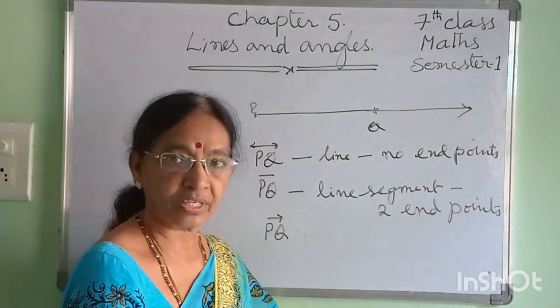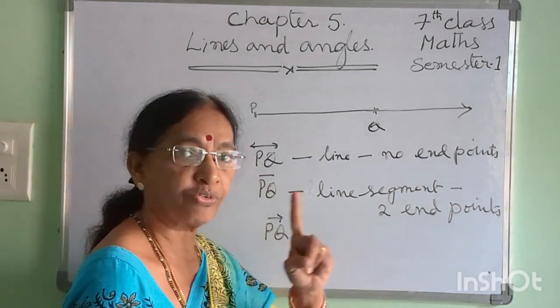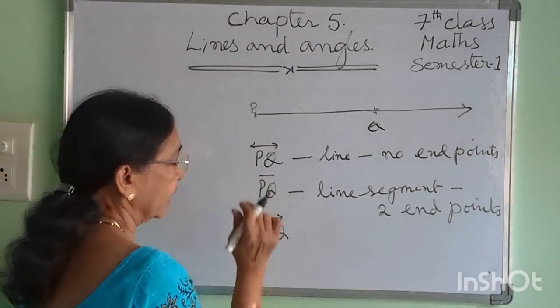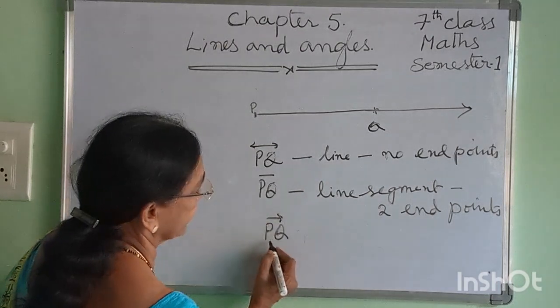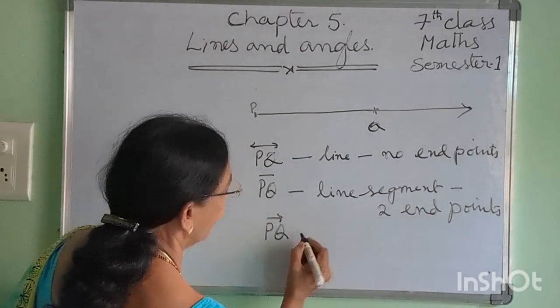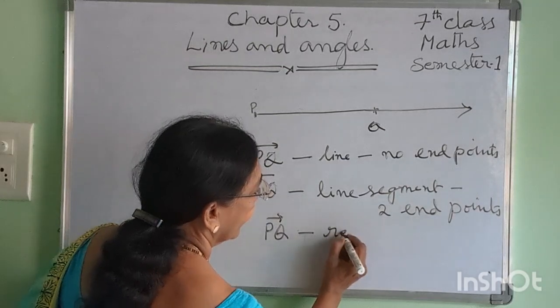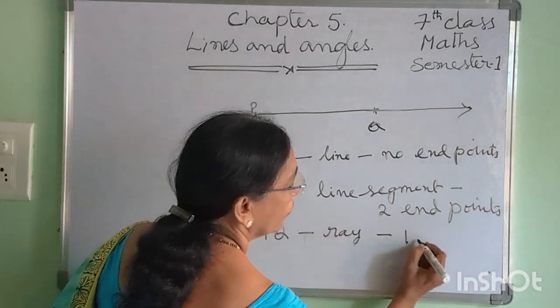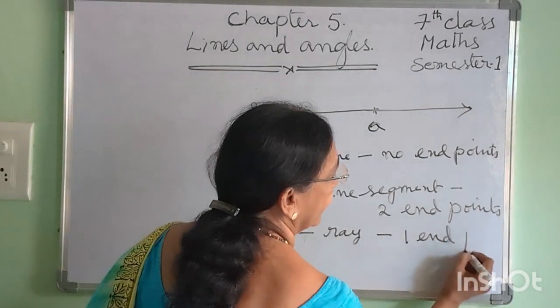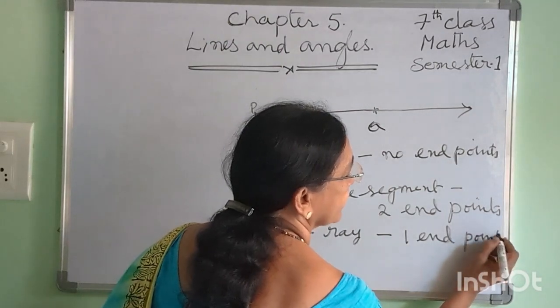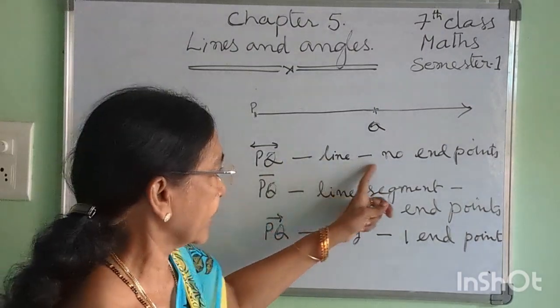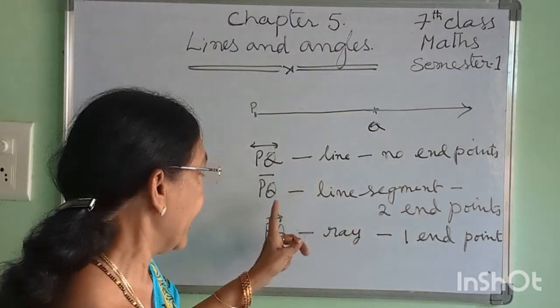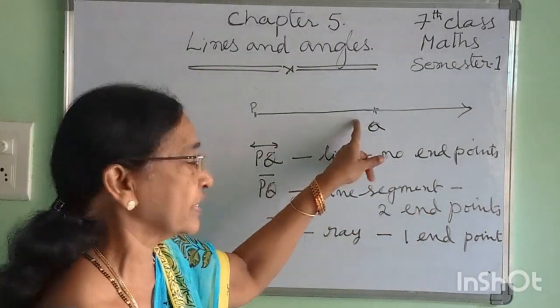Its length is also infinite, but it has one endpoint, P. This is called a ray. P is the fixed point. So this is a ray. It has one endpoint, and its length is infinite. The length of a line is also infinity, but the length of a line segment is finite.